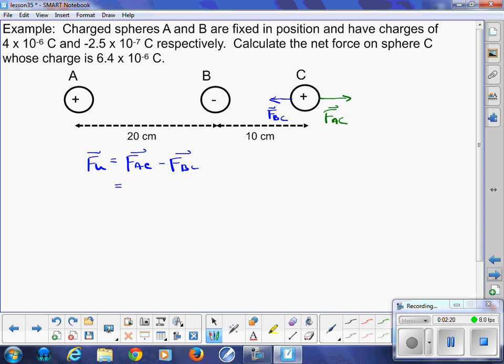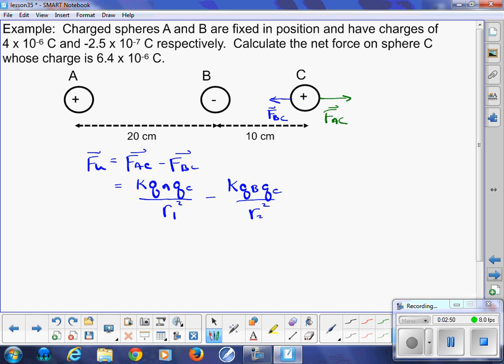Now, when we do the substitution here, I want to do this without putting the numbers in first. So I'm going to change the subscripts on the Q's to A's, B's, and C's. So if we go k, Q, I'm doing AC first. So k QA QC over r1 squared minus k QB QC over r2 squared.